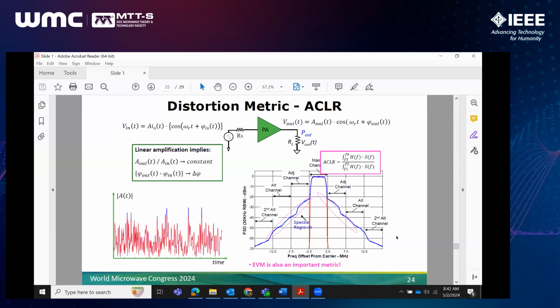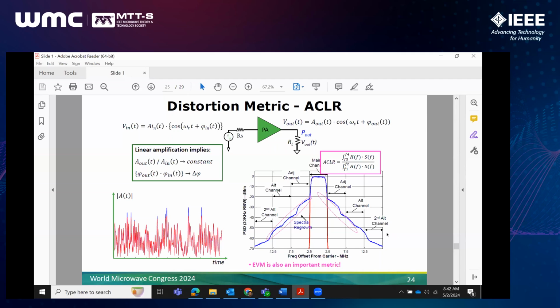The output will have the same form of the envelope signal A and a phase modulation component P of t. If the amplifier is linear, the ratio of the envelope components A in, A out is constant. And the difference between the phase modulation on the input and output, again, should be constant. There should be a constant difference in phase.